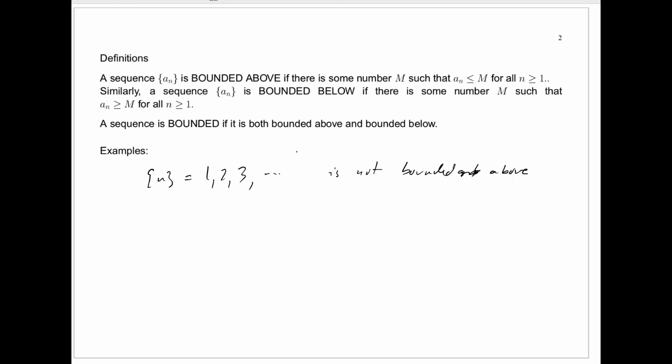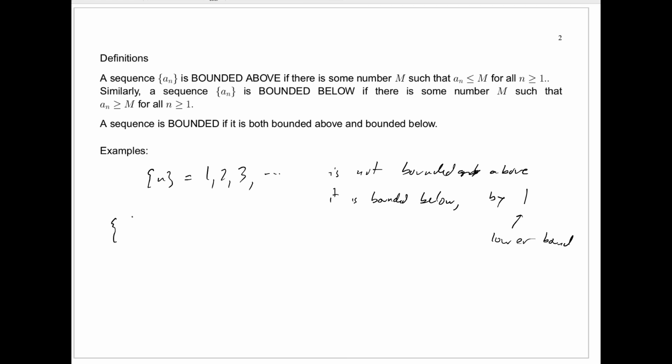The terms increase, and if you pick any number m, eventually the terms get bigger than m. The sequence is bounded below. It's bounded below by the number 1. Every term is at least 1. So we actually use the term that 1 here is a lower bound for the sequence.